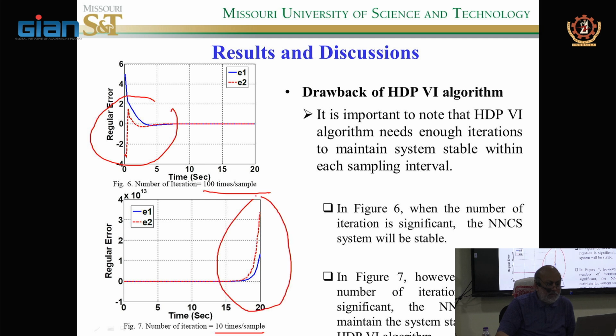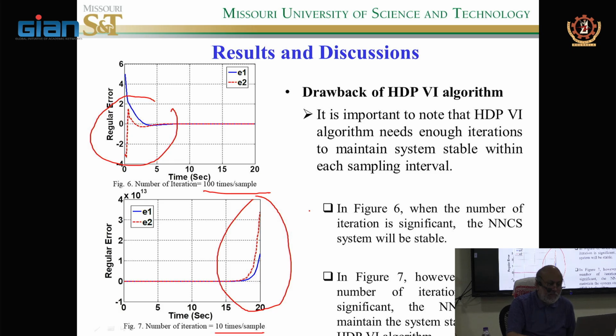What happens here? It blows up. And it blows up because in the numerical iterations, it's not converged. So if you stop the numerical iterations halfway through, instead of converging, it blows up. It's not even bounded.